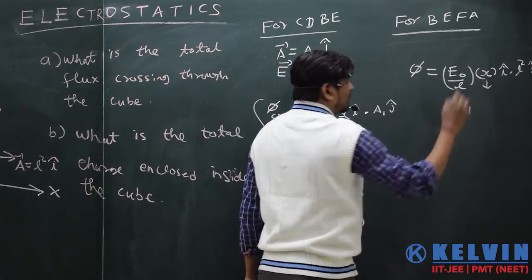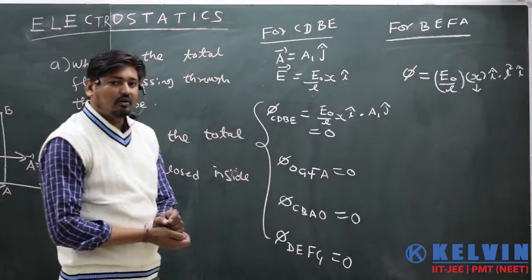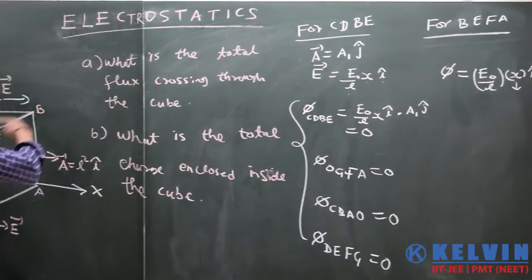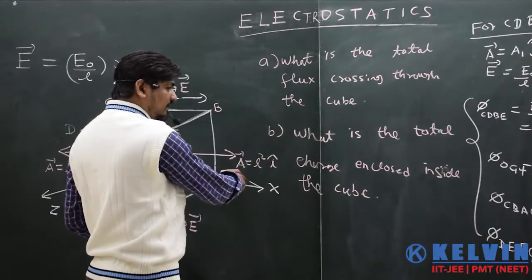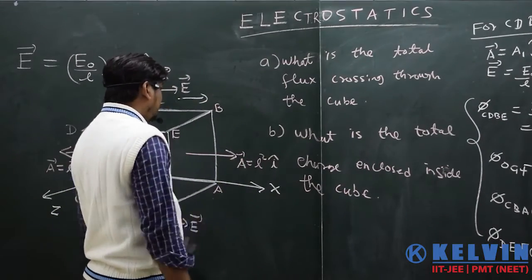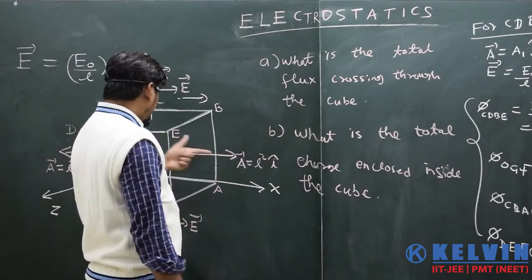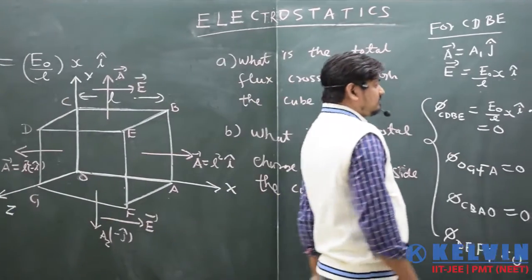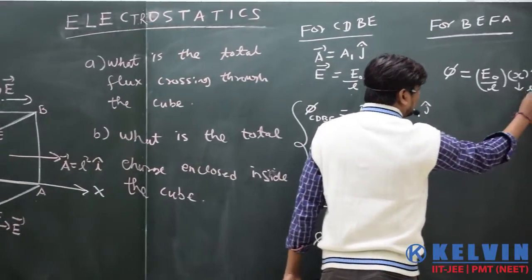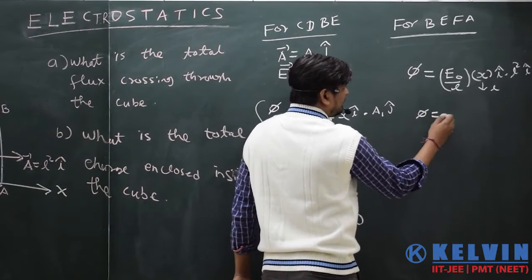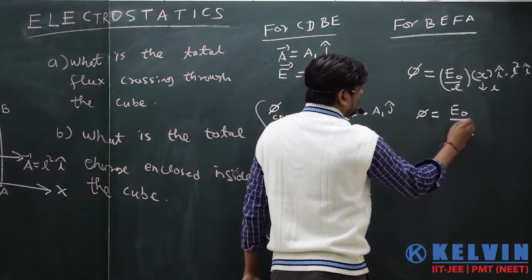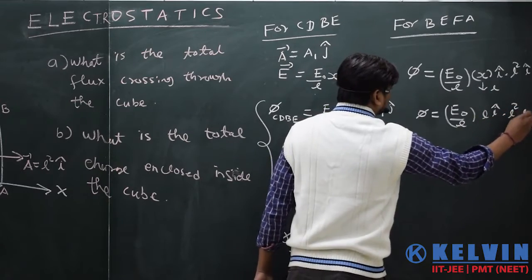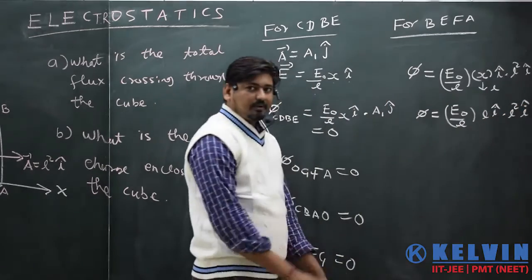Now, what is the x coordinate of this surface? Clearly, the x coordinate for this particular surface is L. In this direction, we have moved from 0 to L. So I am writing x as L. So phi will be equal to E naught upon L, L I cap dot L square I cap, right?